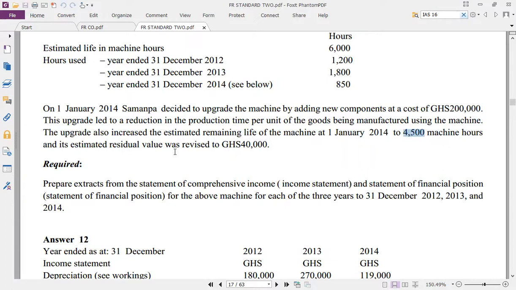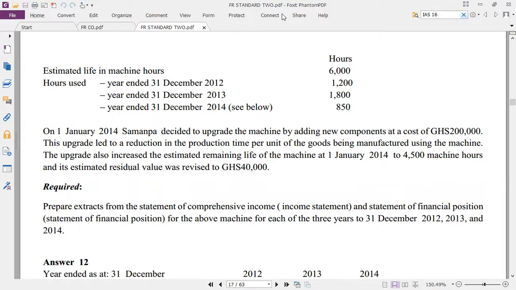The scrap value is no longer 20,000, it is now 40,000. Please take note of this 4,500 and this 40,000. We can also use IAS 8 here. This is a change in accounting estimate, not a policy. When you revise the useful life or change the scrap value, you change an estimate.